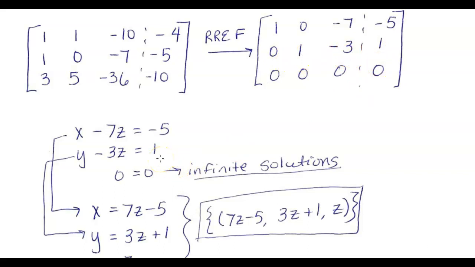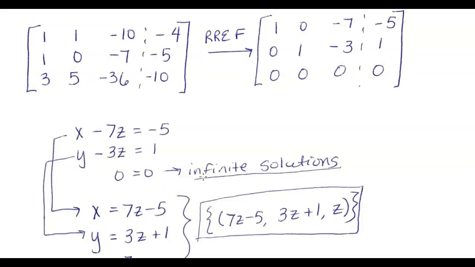So y minus 3z equals 1. And then our bottom row, again, we have zeros in the first 3 entries and then a 0, so this would mean 0 equals 0. All the variables dropped out, but that is a true statement. 0 equals 0 all the time. So when that happens, that tells me that we have infinite solutions.